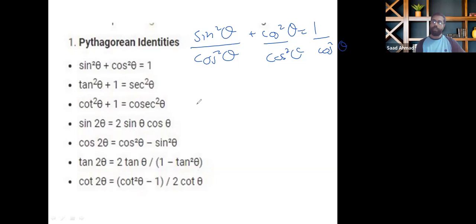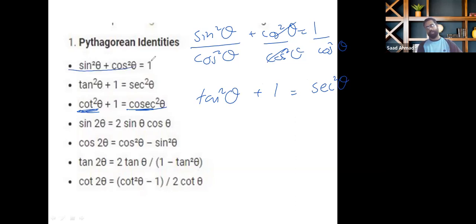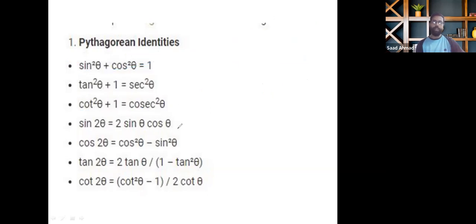So sine squared theta over cos squared theta is tan squared theta, plus 1, since the cos squared cancels out, is equal to 1 over cos squared theta, which becomes secant squared theta because they are reciprocals. Similarly, for the third one, we divided the first one by the sine squared.